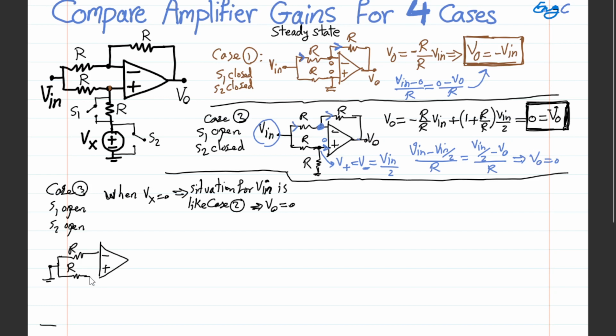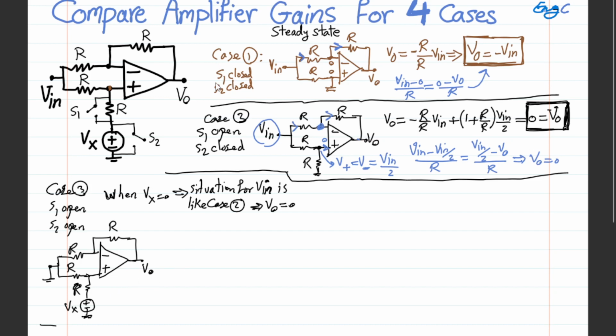And all I can see is I have R and I have my Vx. That's it. And then what I see is resistor R, and I can see the V out. That's my circuit now.